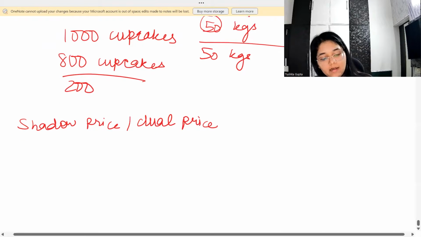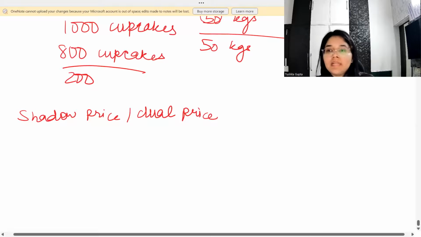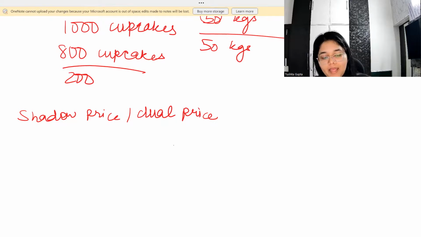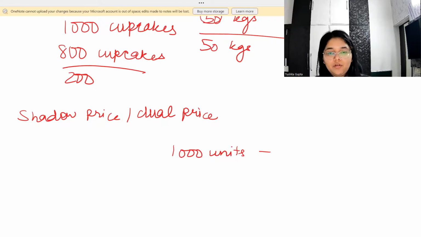So perhaps let's suppose labor is my limiting factor, and I have 1,000 units of labor available with me, with which I'm able to produce a certain amount of products which I'm able to sell off in the market.